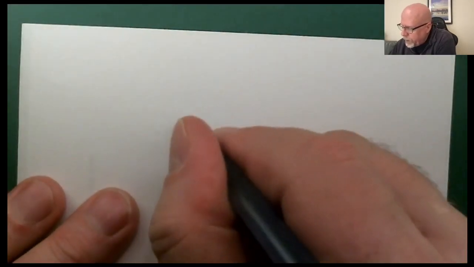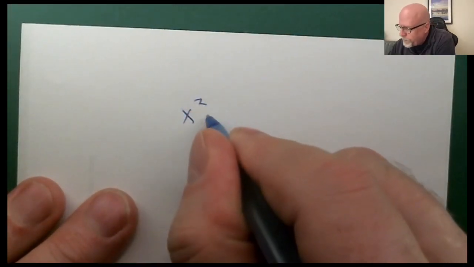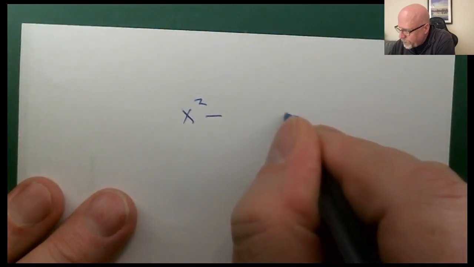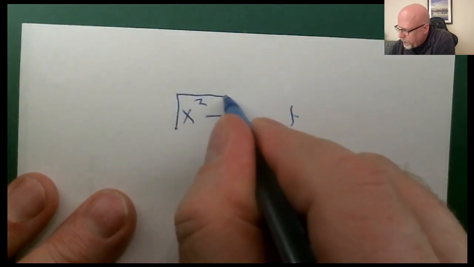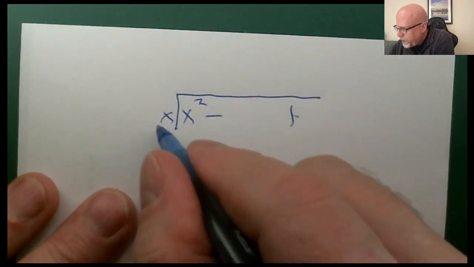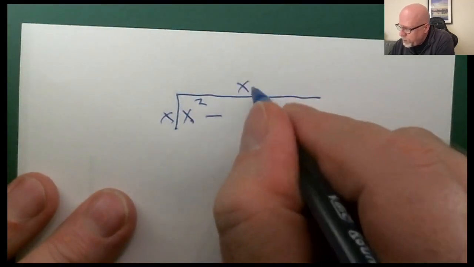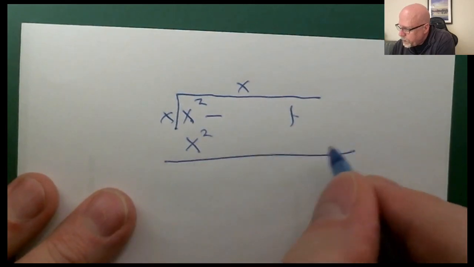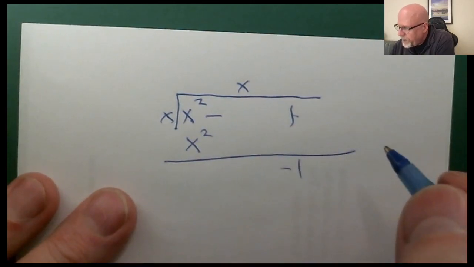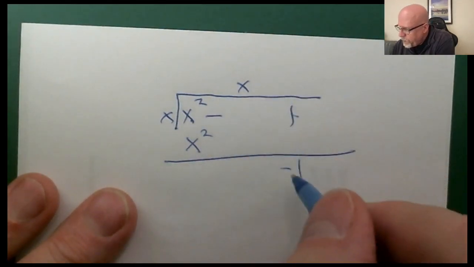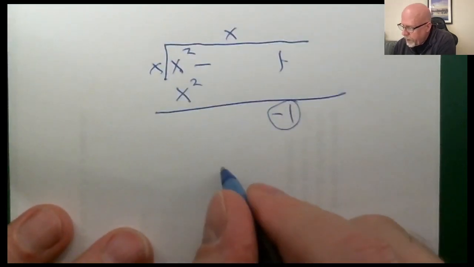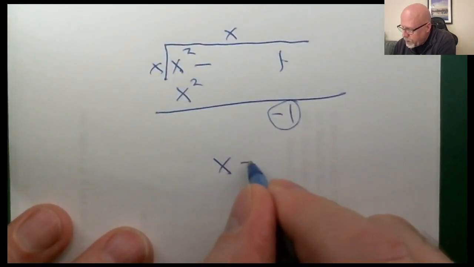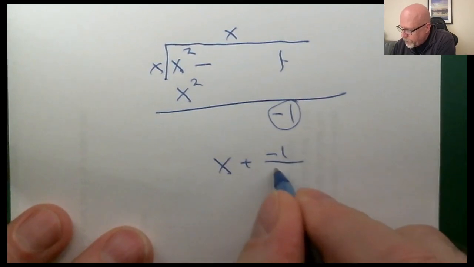We have x squared minus 1. Let's better leave a little space for the things. Divided by x. x goes into x squared x times. Multiplying back, you get x squared. Just subtract, you get minus 1. So that's a remainder. And so this thing actually looks like x plus negative 1 over x.